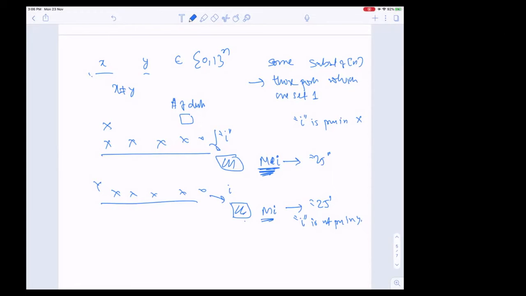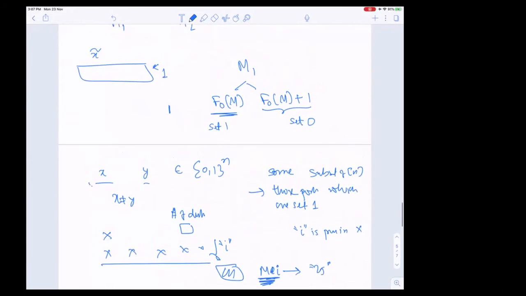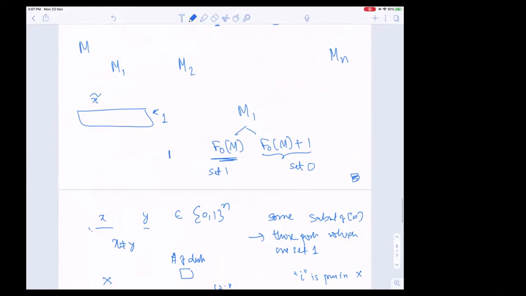And if it is invertible with a unique inverse, the function is injective. So basically exhibiting a decoding function is good for us to show that it is an injective function.